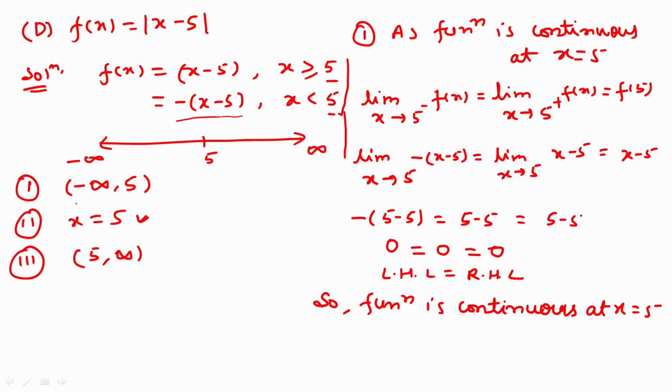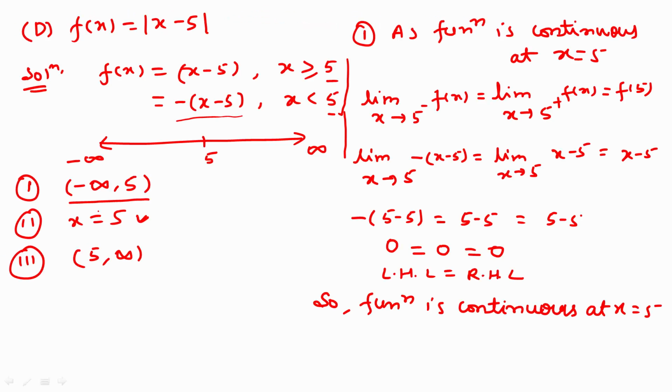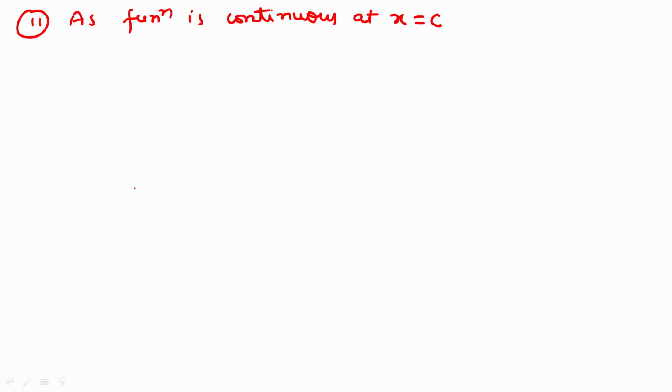Now check for this interval. This was your case number first, and now this is your case number second. The second case is, as the function is continuous at x is equal to c, we take another number c from this interval minus infinity to 5. x is equal to c belongs to the open interval minus infinity to 5.